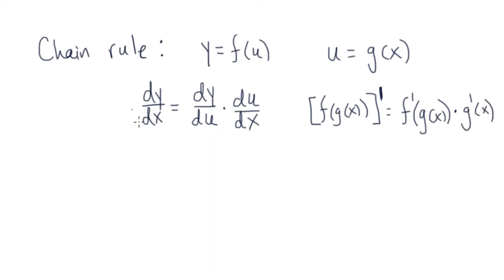So this is sort of the Leibniz notation. This is more the traditional function notation, but that's what the chain rule says in one variable. So what about the two variable case?